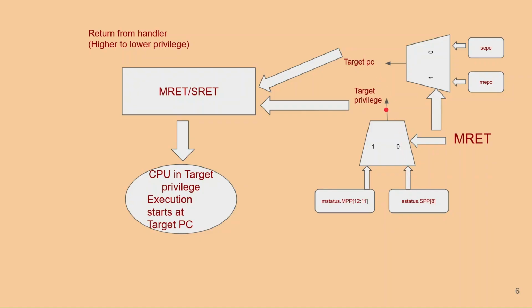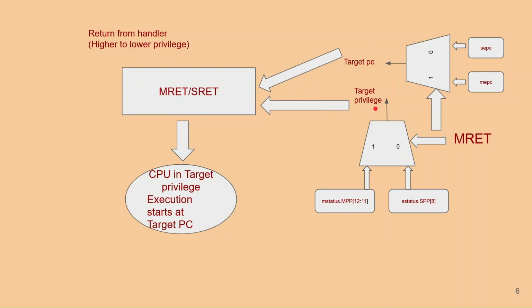Now it restores the saved privilege level from mstatus or sstatus depending on the MRET or SRET instruction, and it loads the target privilege level with that value. This ensures that the handler cannot accidentally return to an incorrect privilege level than the code that was originally running.